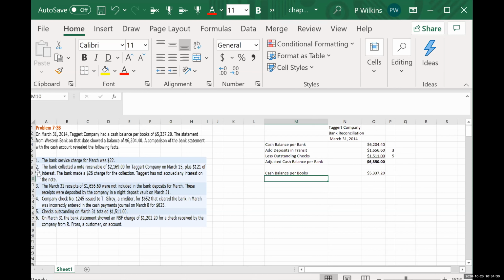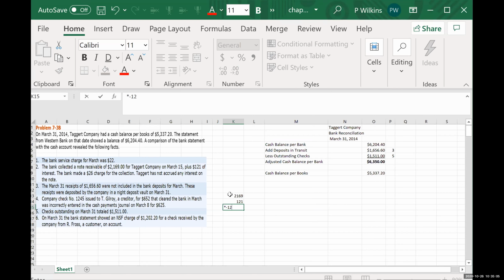So we see here, though, on number 2, it says the bank collected a note receivable of $2,169 for Taggart Company on March 11th, plus $121 of interest. The bank made a $26 charge for the collection. Taggart has not accrued any interest on the note. So what we need to do is we need to take $2,169 plus $121 minus $26.